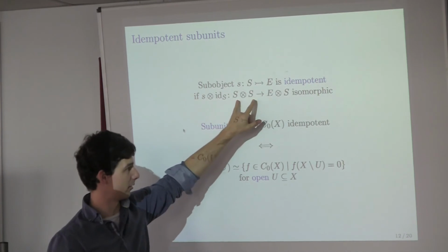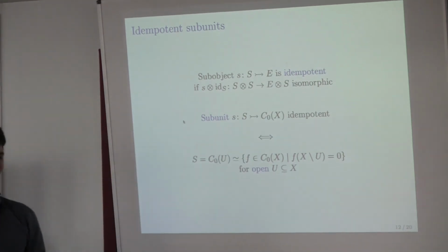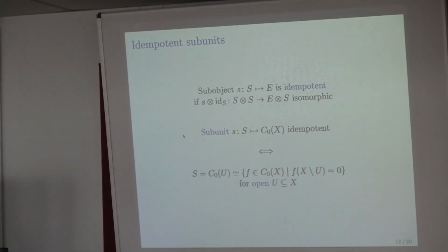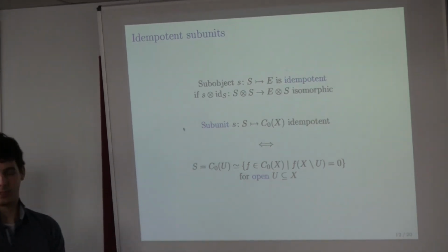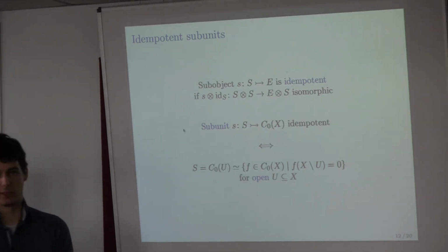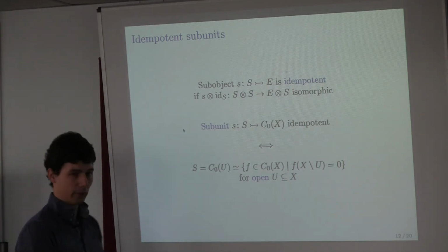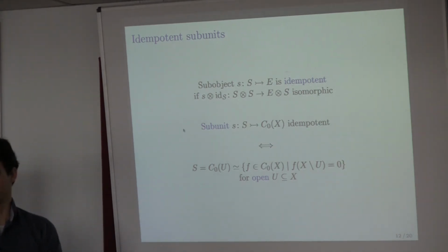That's saying S tensor S is isomorphic to S. So those things are called idempotent subunits, or subobjects of the unit, and they're idempotent. Now in this category of Hilbert modules, these are precisely the open subsets of your base space. So we can recover the open subsets by purely categorical means, a very clean way. I just want to talk about open subunits.